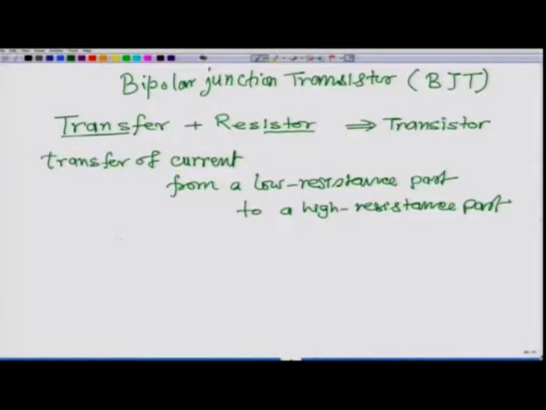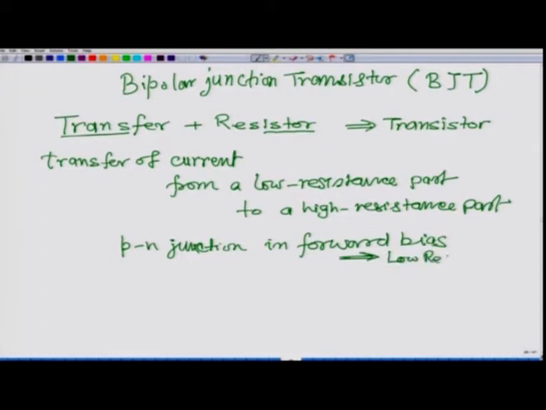So, essentially what we have here is two PN junctions, the two parts of the circuit. One is a PN junction in forward bias, and you know that this represents a low resistance circuit.